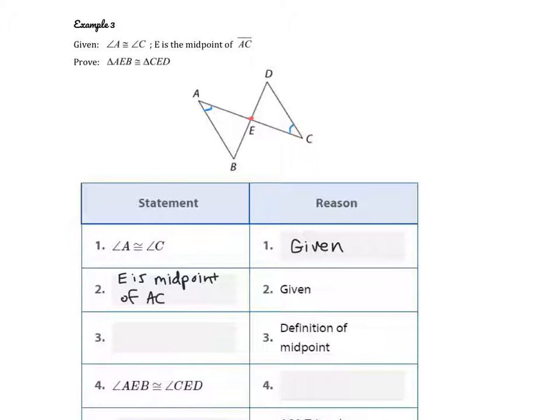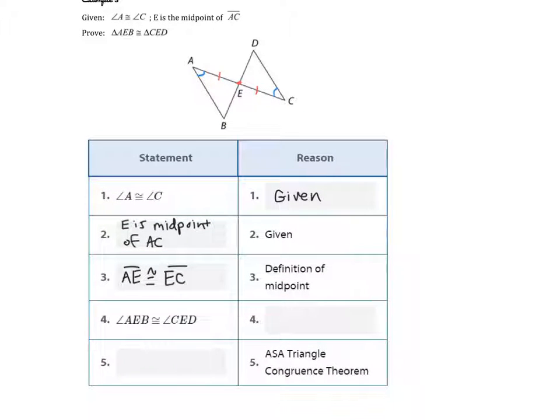I know that a midpoint cuts a segment in half. And if a segment is cut in half, that means that the two segments it creates are always going to be equal. So we can make the statement that segment AE is congruent to segment EC, and that is because of the definition of a midpoint. That's what midpoints do. They create two congruent segments.